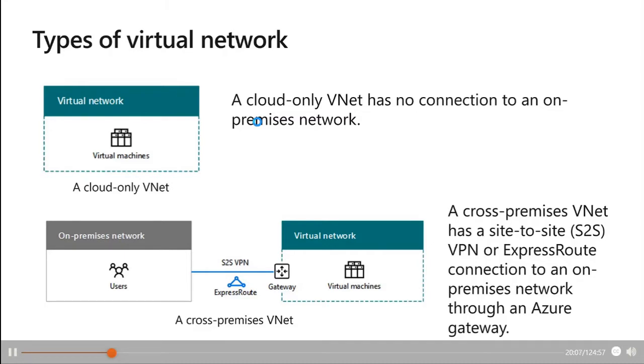To be totally honest, a lot of companies today are still in a hybrid environment, and so they need this kind of implementation in their workload. So this second option is a more common approach in companies today.